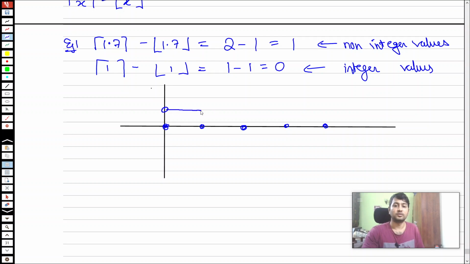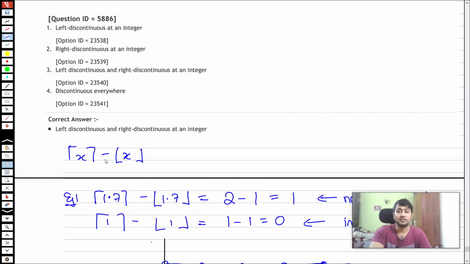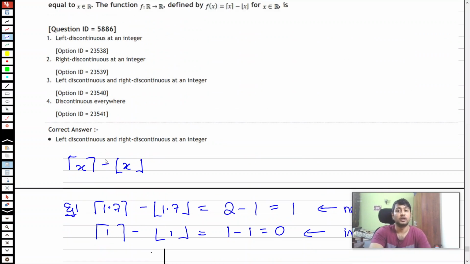So it is going to look like this. At any integer value it is discontinuous to its right and to its left, so it is left and right discontinuous at any integer. Okay, so that wraps up these three problems.